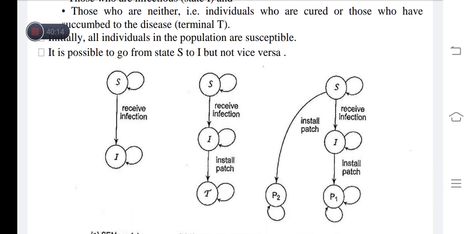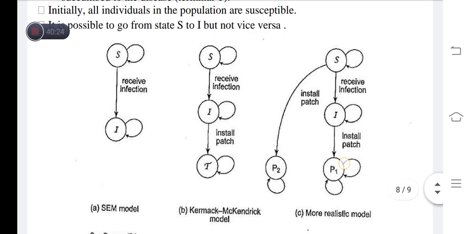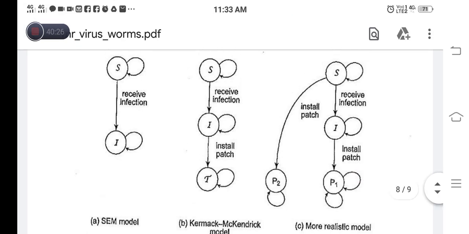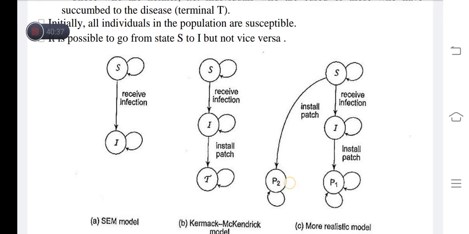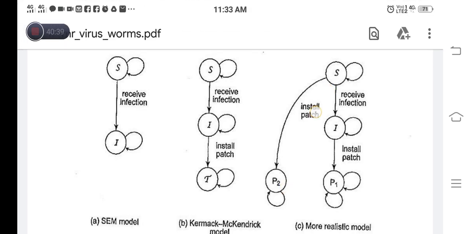So the transition from the state S to I corresponds to an infected machine being patched. As we see here in the third diagram, the transition from S to I corresponds to an infected machine being patched, here patched P2.